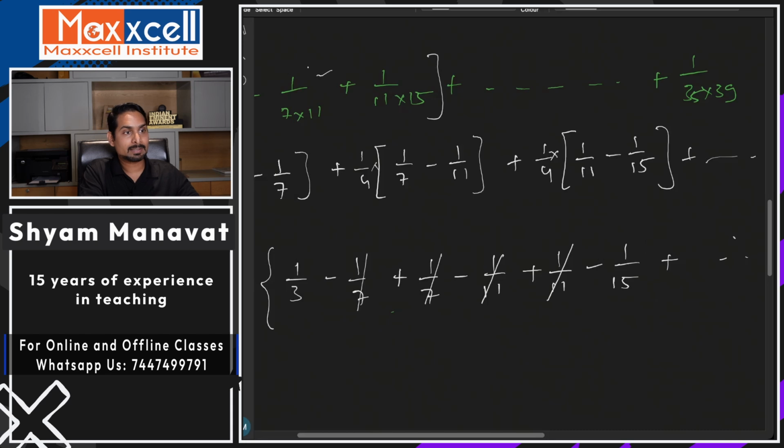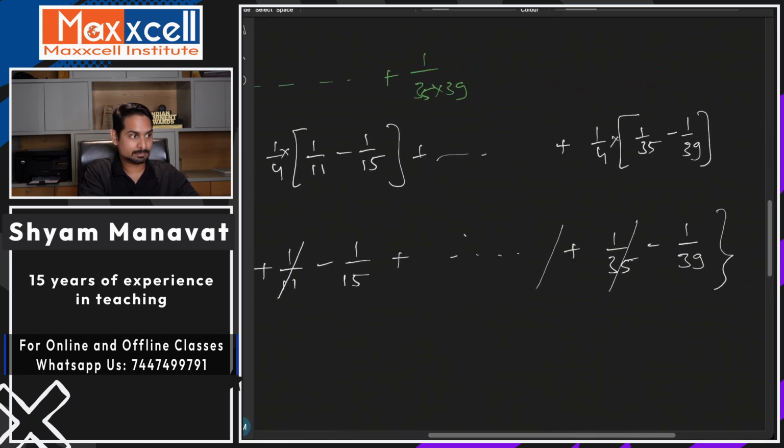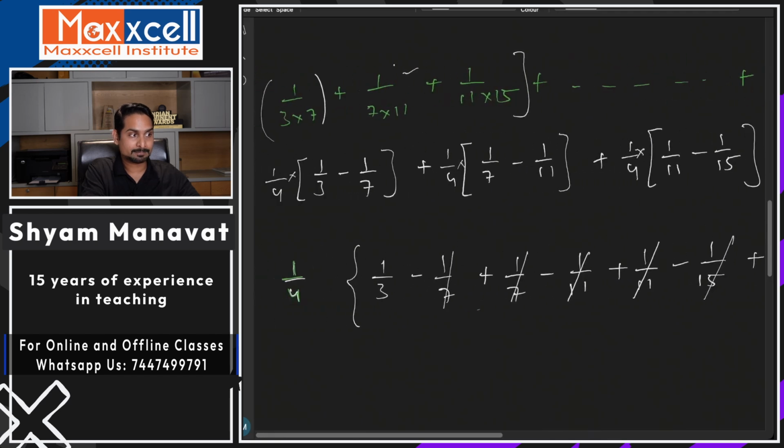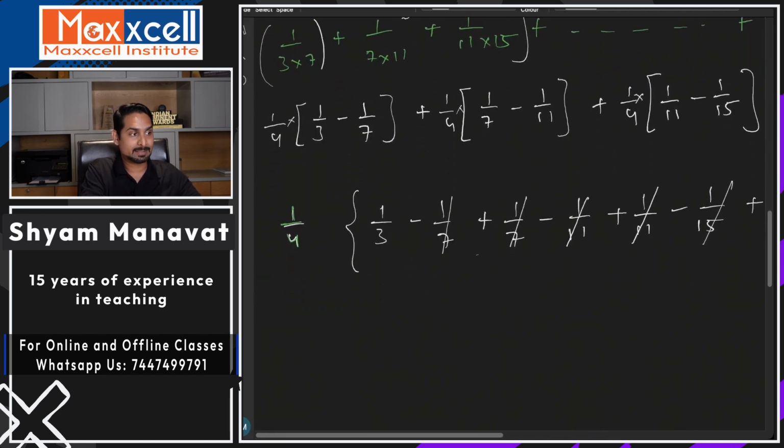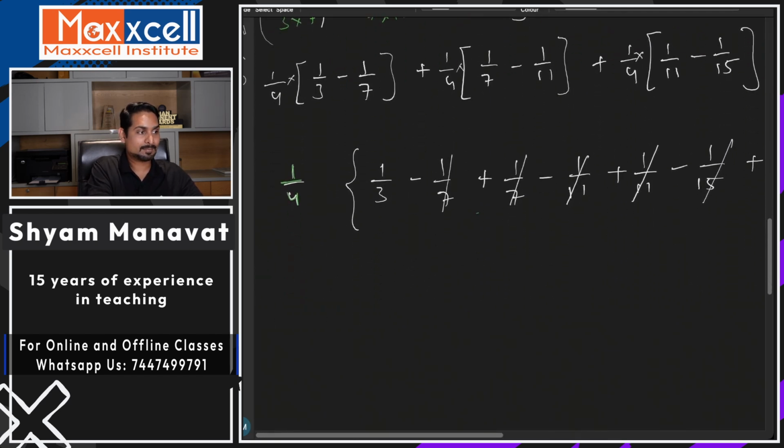So similarly, if you go till the last, till here, that means the last minus 1 upon 39 will not be cancelled, right? Yeah, this we need to understand. It requires some understanding. Yes, I hope that's fine. You can write it by yourself and understand, or you can repeat this part.